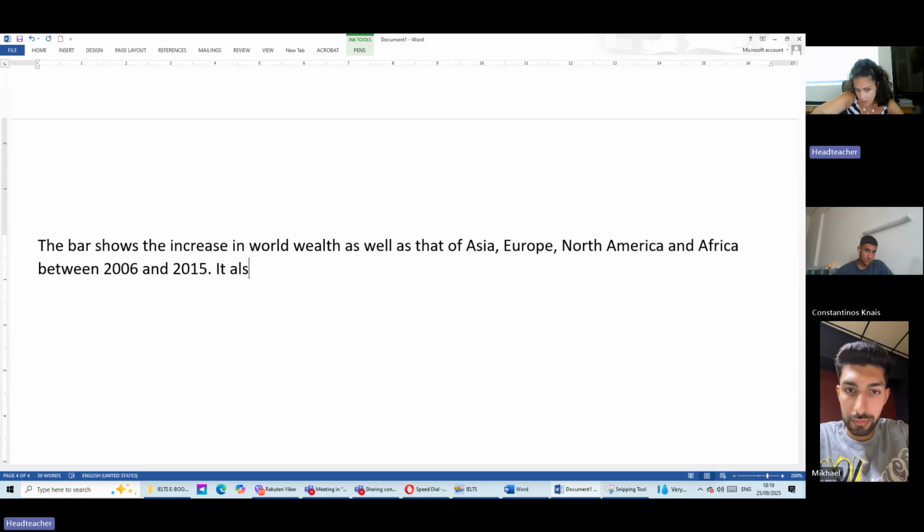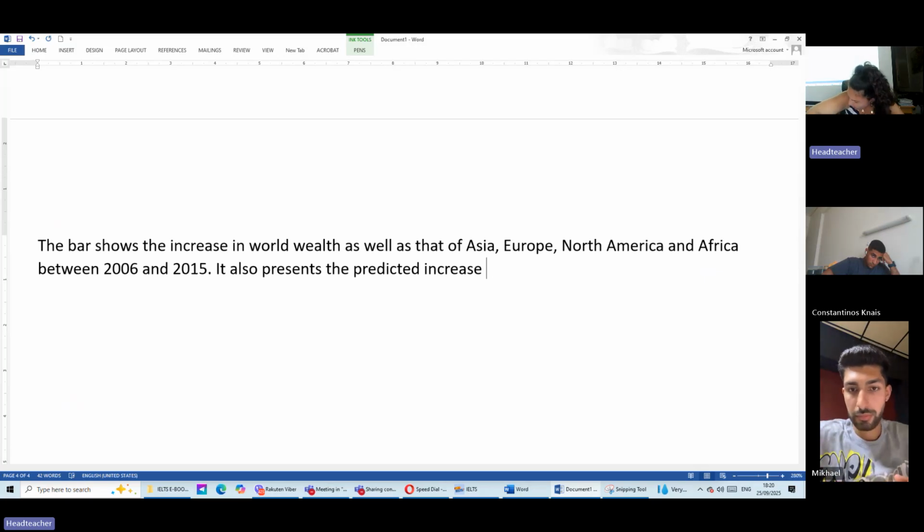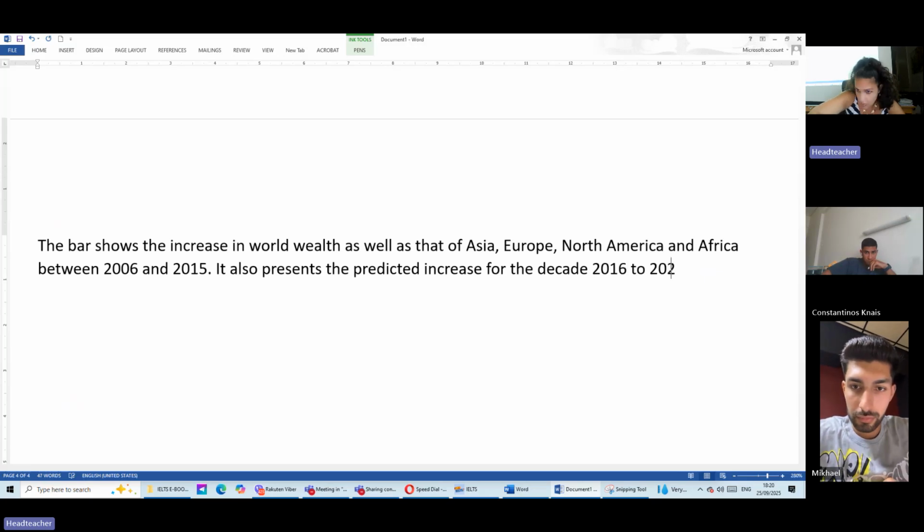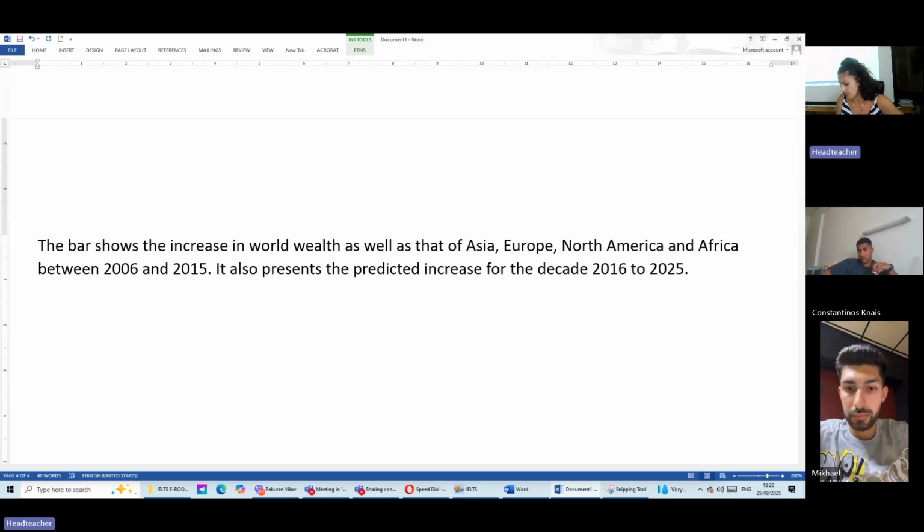It also presents the predicted increase of wealth for the decade from 2016 to 2025.